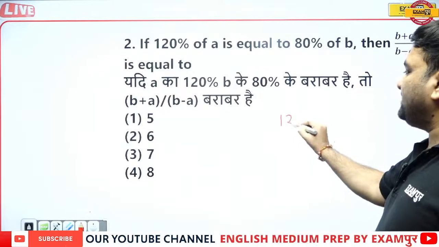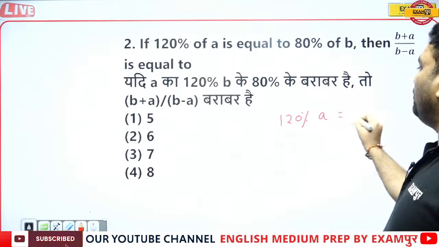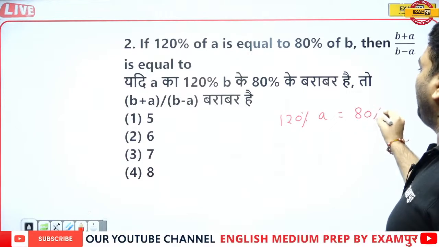Write whatever is being said. 120% of A is equal to 80% of B.